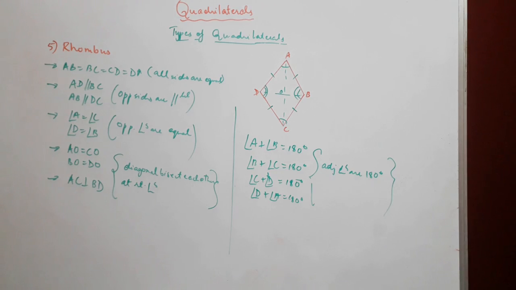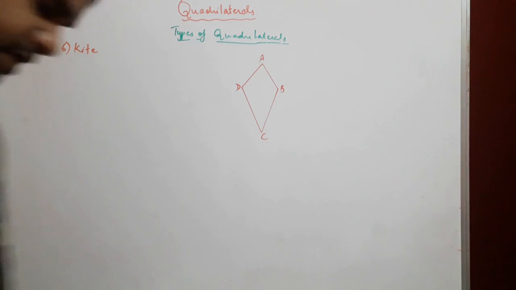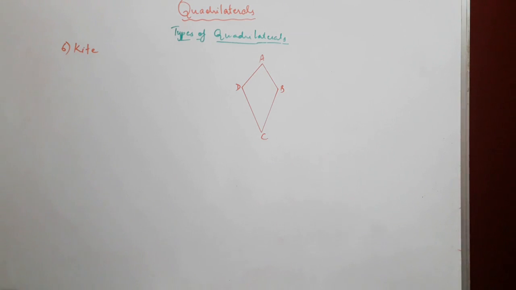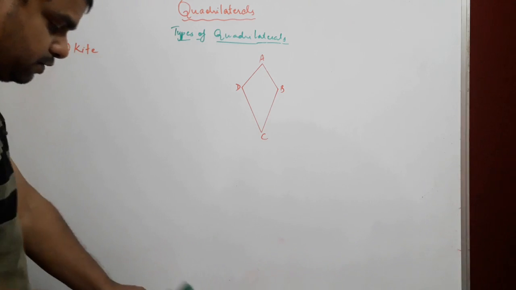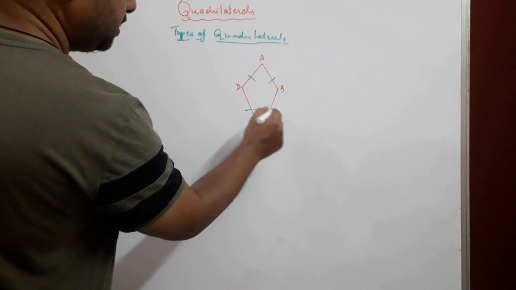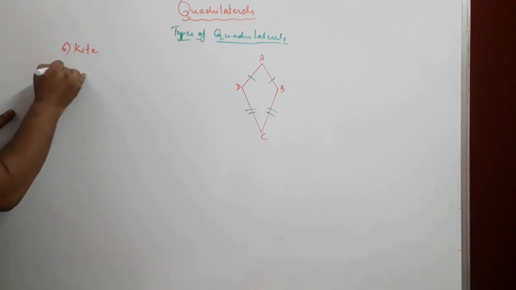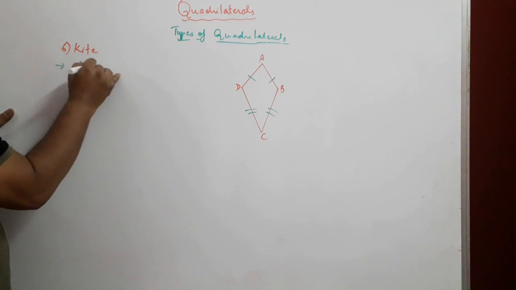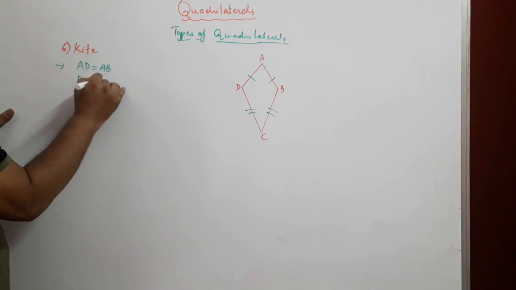Next we will go to the last type of quadrilateral, that is the kite. In case of a kite, we have discussed that the two pairs of adjacent sides are equal, which means that AD will be equal to AB and DC will be equal to BC over here. Okay, so we make a note of that. AD equal to AB and DC equal to BC.